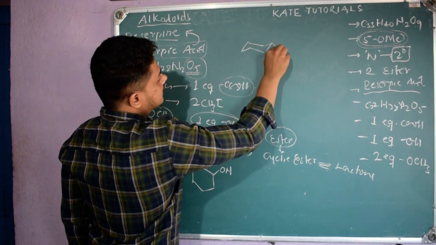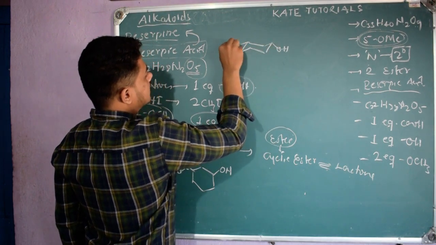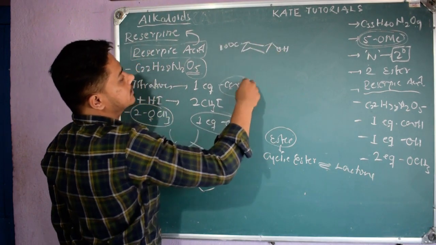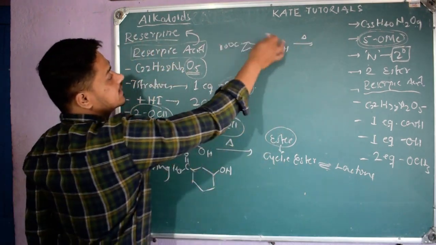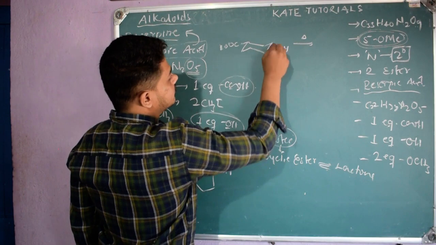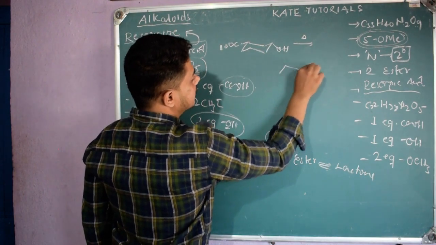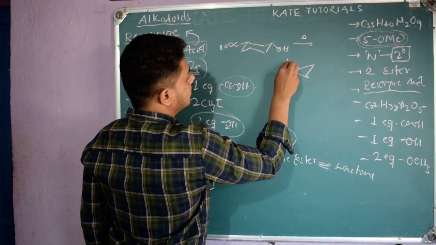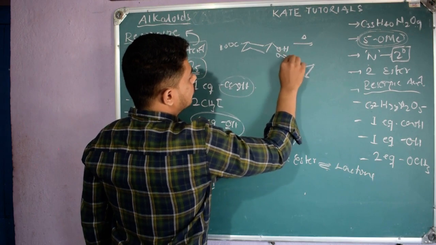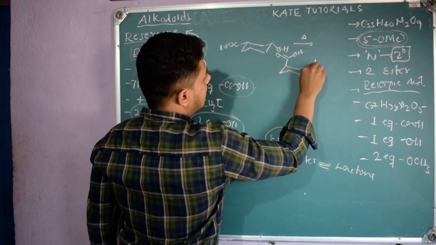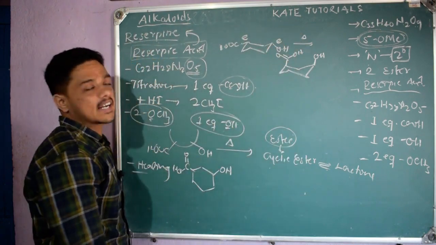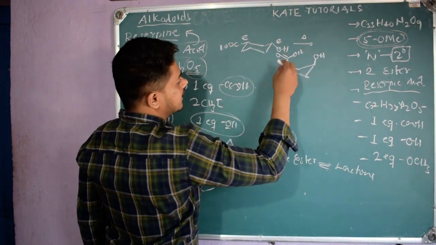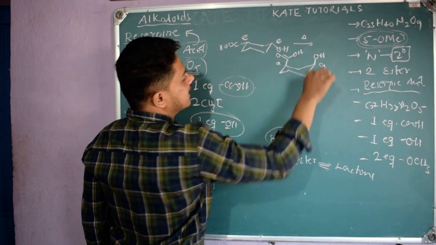If both OH and COOH are in equatorial positions, then on heating there may not be a reaction because the distance is more. But while heating, they come from equatorial into axial. Here it is COOH and here we have OH. It was equatorial, but under thermodynamic conditions, that is heating, they become axial and axial.